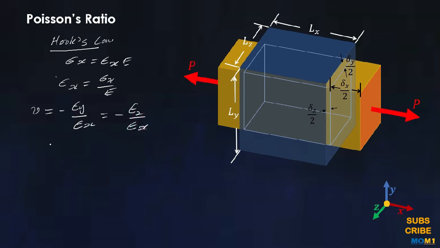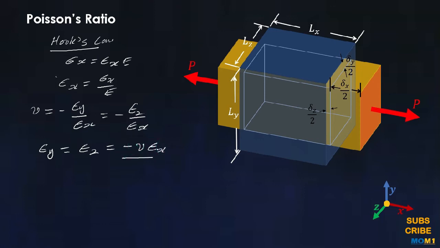Now rewriting this as epsilon y is equal to epsilon z equal to minus nu epsilon x.